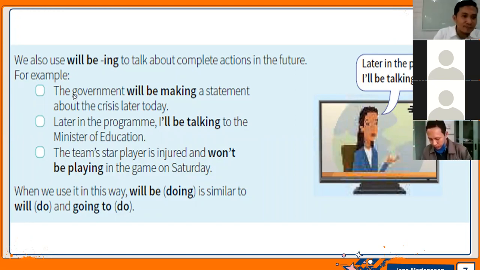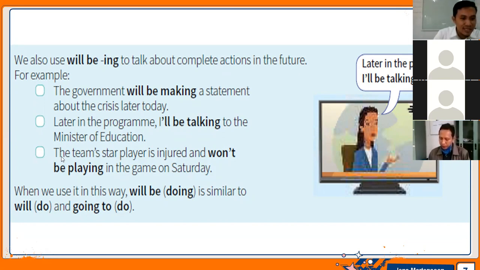This is example number one. And number two: later in the program, I will be talking to the Minister of Education. So this describes a completed action in the future.